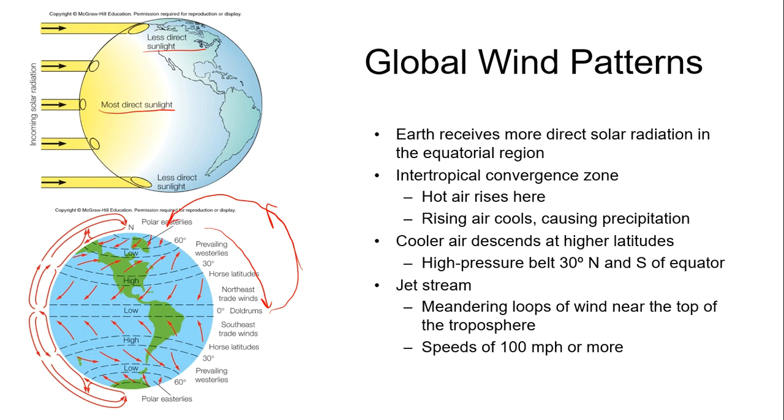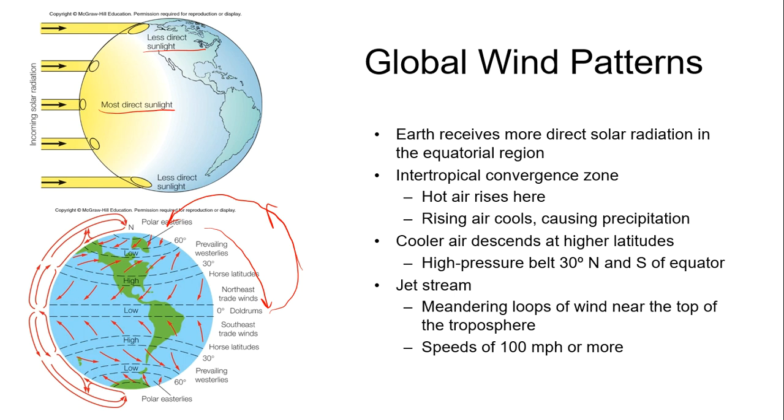However, since that's such a large distance, that cycle is generally broken into 3 cycles, because we do have a tendency for air to start sinking around 30 degrees latitude, creating a region of high pressures. And then we also have some more rising motion around 60 degrees latitude, creating a low pressure.